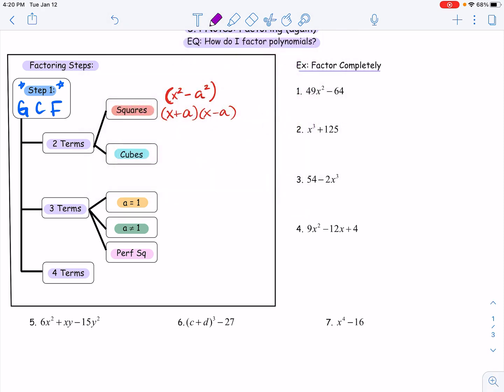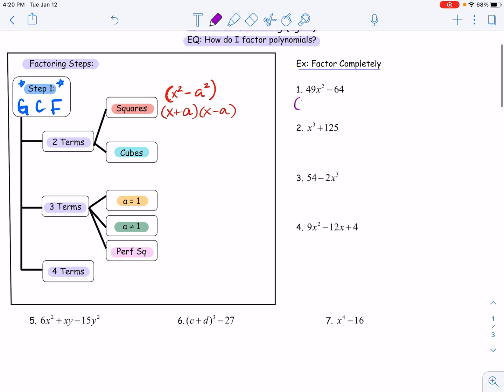So I know that I can factor this into the square root of the first term, which is 7x, and the square root of the last term, which is 8. I need one positive and one negative. I always want to double check those factors to make sure I cannot factor any further, which for these I can't. So this is factored completely. Okay, so that should be familiar to you.